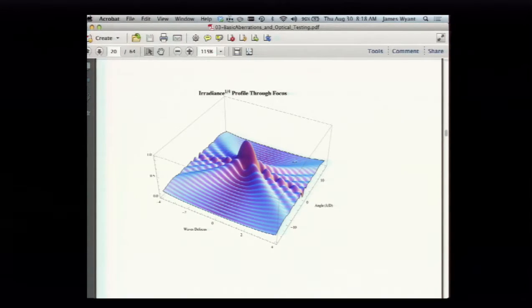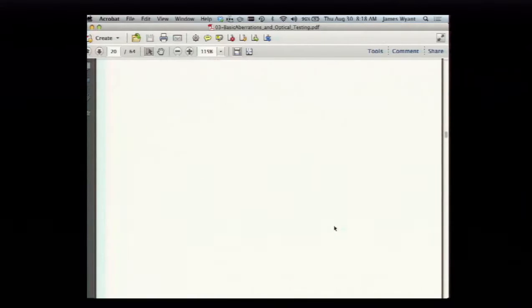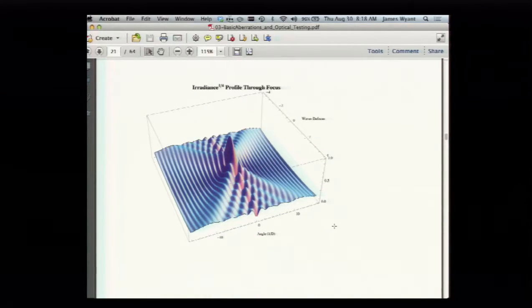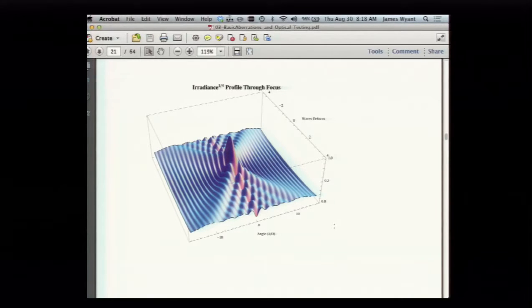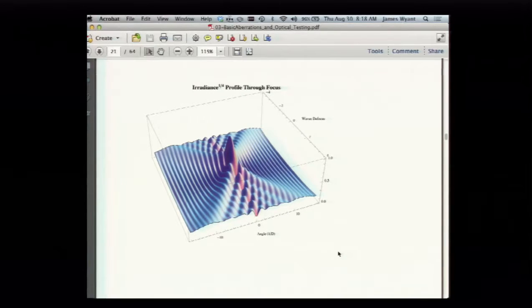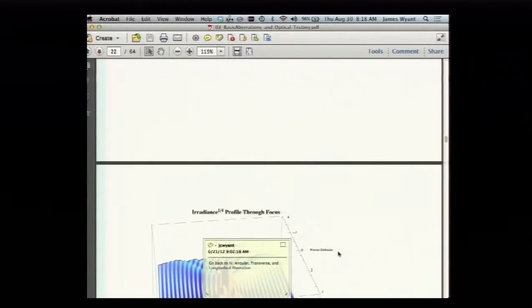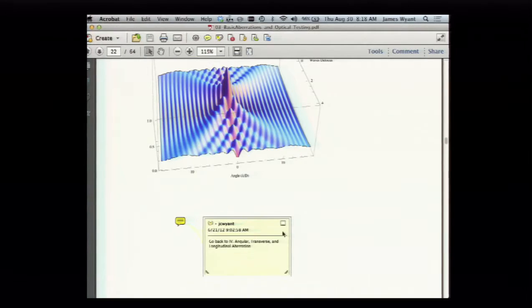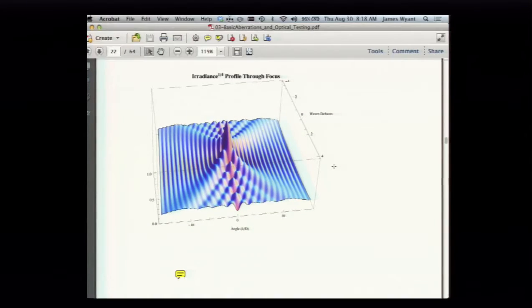So this is going along focus in this direction, and this would be the transverse direction. That's kind of cute. I'll rotate it a little bit. So these would be the zeros. Any questions on that?